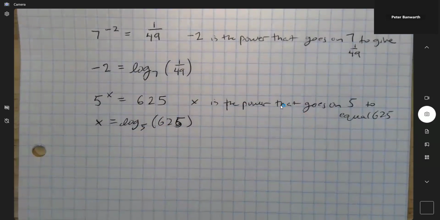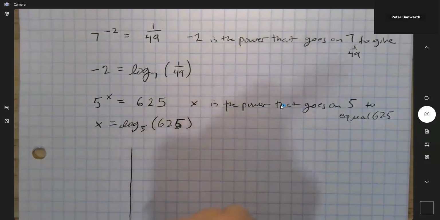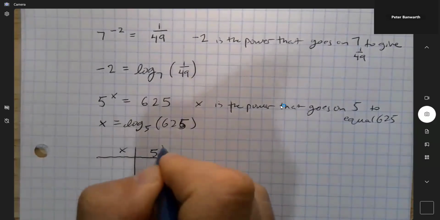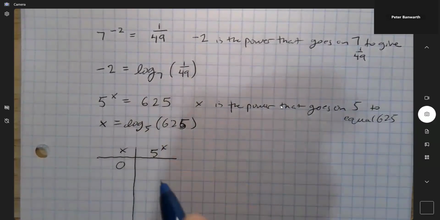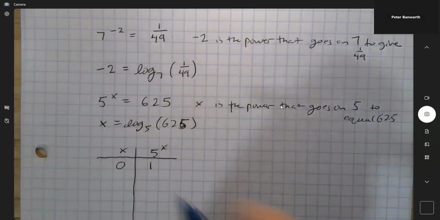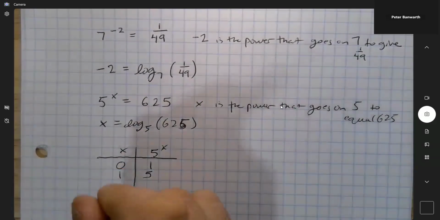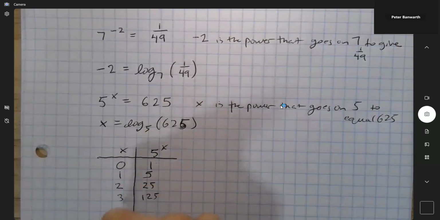Let's solve that with a table, actually. I think that's a good idea. We're going to use x and 5 to the x as our functions. Start with 0. 5 to the 0 is 1. No matter what, any base raised to the 0 power is 1. If x is 1, 5 to the first is 5. 2, that gives me 25. 3, 125.